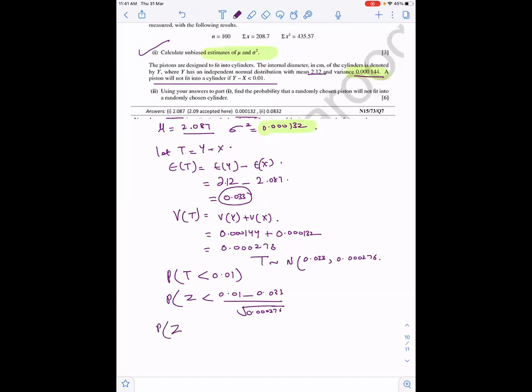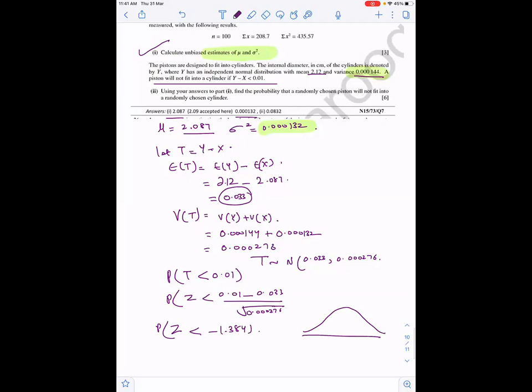Okay, so Z is less than, I'm solving this, 0.01 minus 0.033. Okay, the numerator is minus 0.023 divided by the square root of 0.000276. So this has actually become minus 1.384.